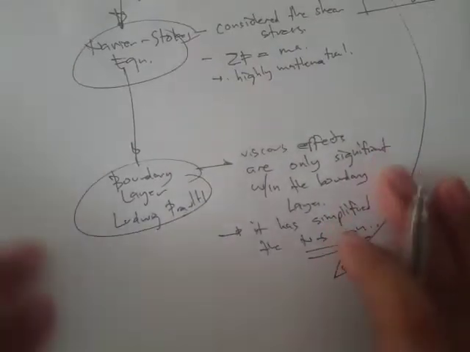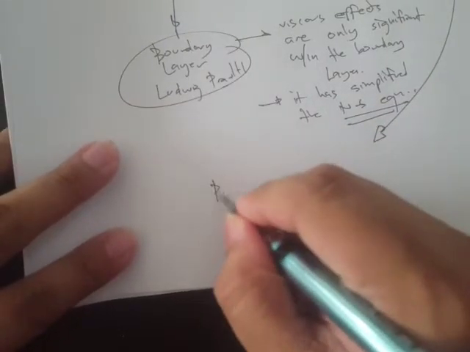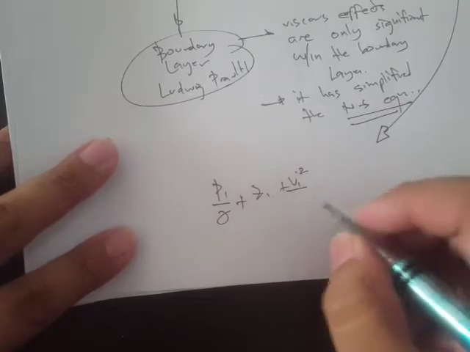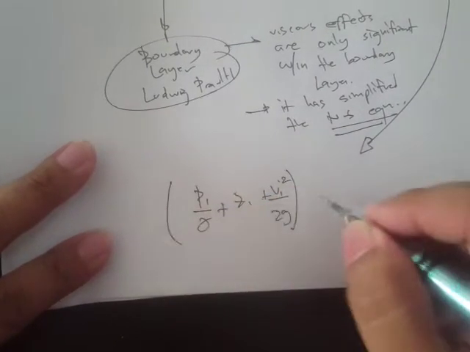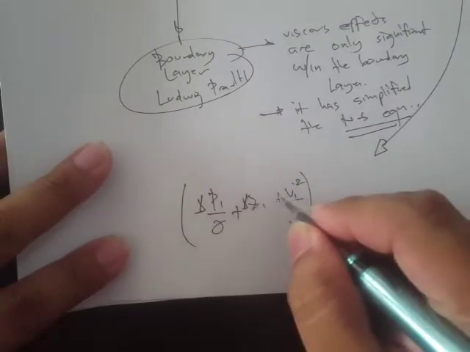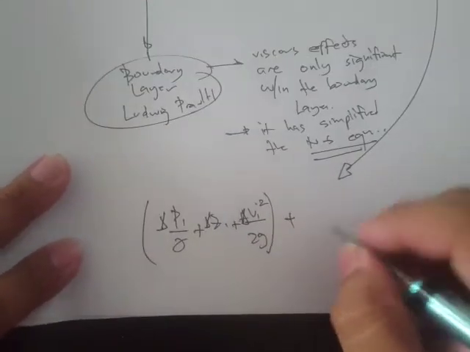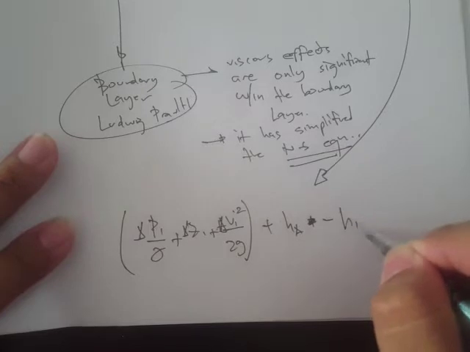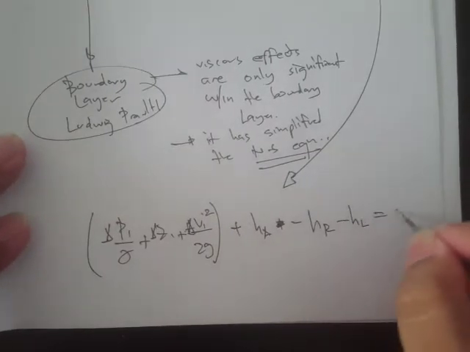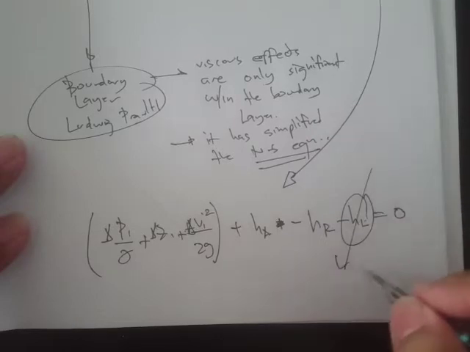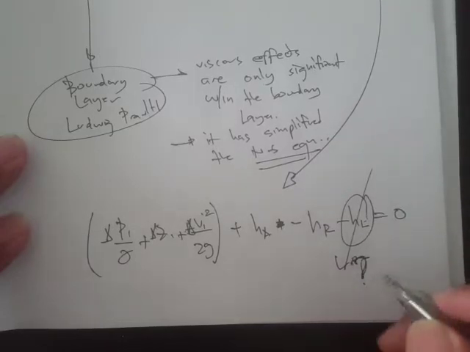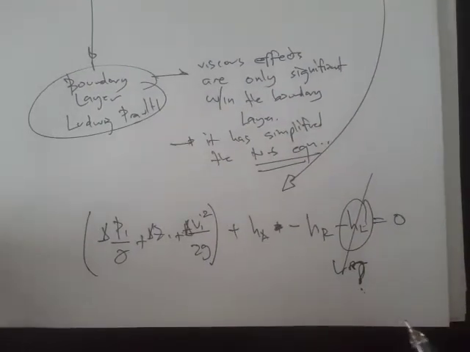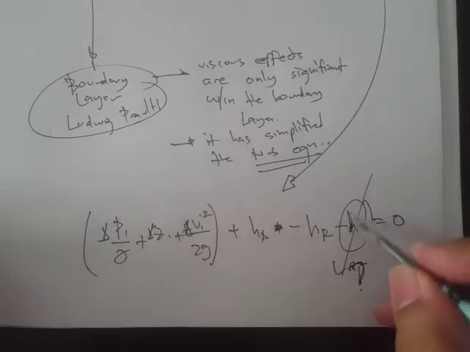Now, if we rewrite the equation, we have the fluid energy z sub 1 plus the velocity head v squared over 2g, or we'll just write the change, plus, if we have energy added into the system by a pump, or energy removed, h sub r, and then minus h sub l is equal to 0. Now, what is this h sub l?